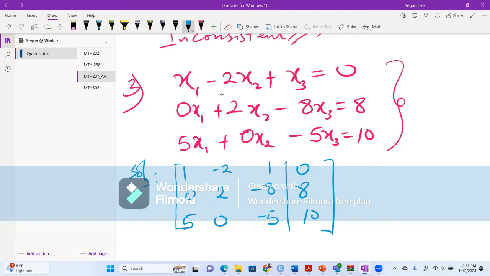So we are to solve this. If you solve it very well, your final answer will be 1, 0, 1, -1. That's what you're going to get.